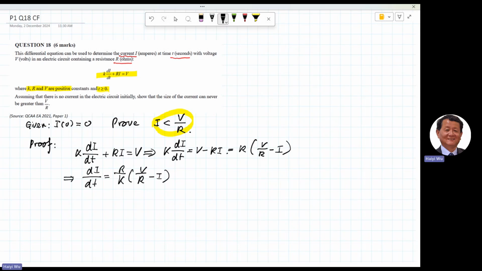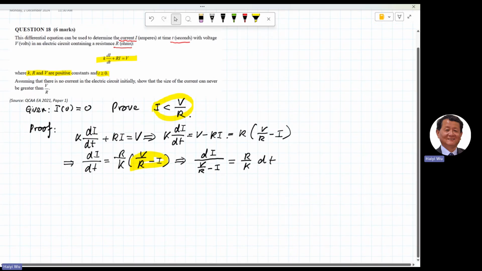So this is the process of isolating the variables. Now I'm going to shift the I, the current, to the left-hand side. So I'm going to put dI divided by (V over R minus I) equal to R over K dt. I'll move dt to the right-hand side.